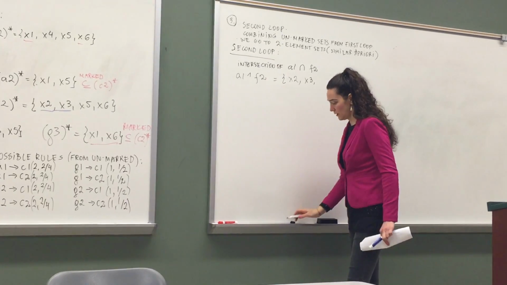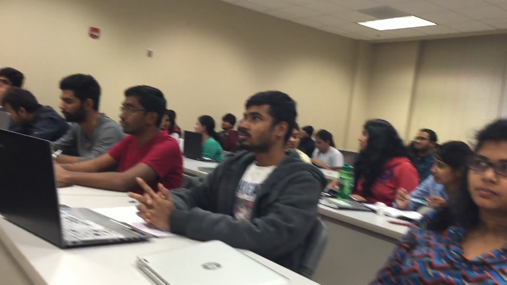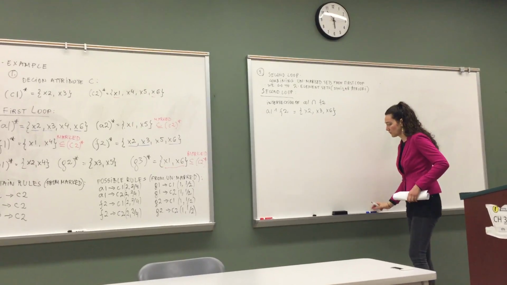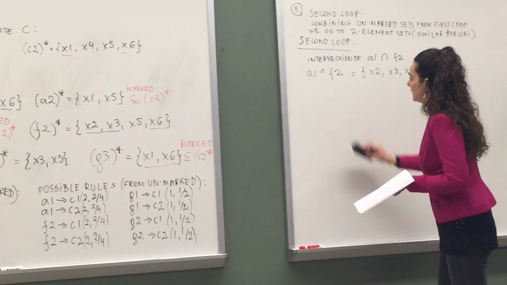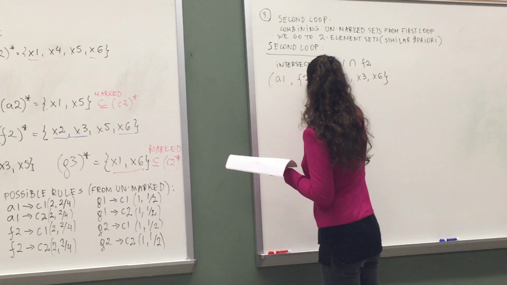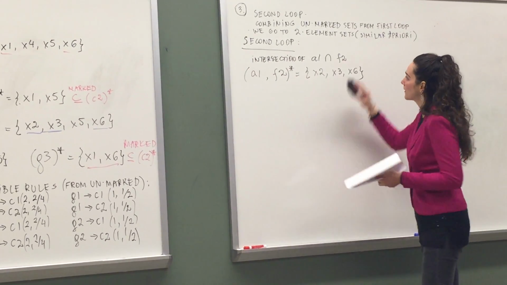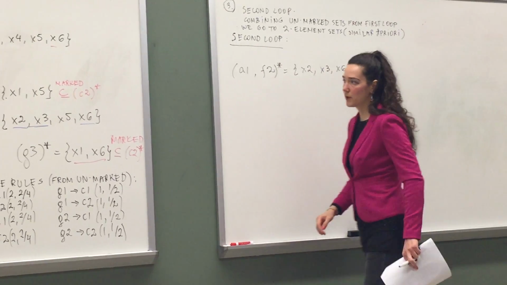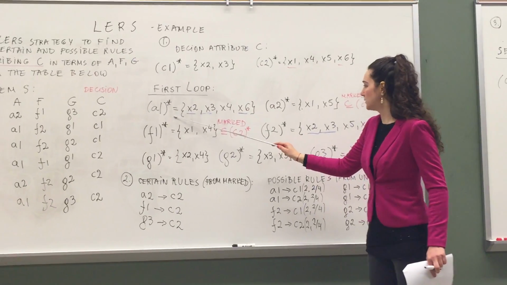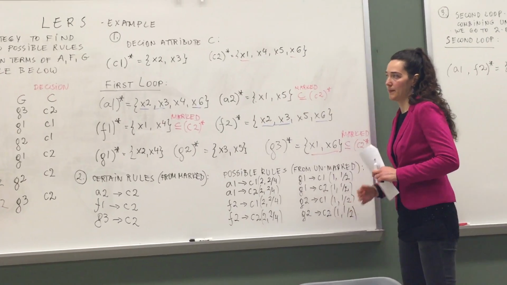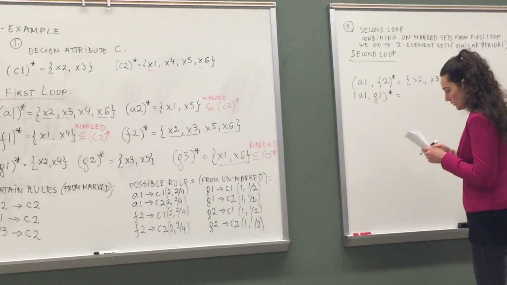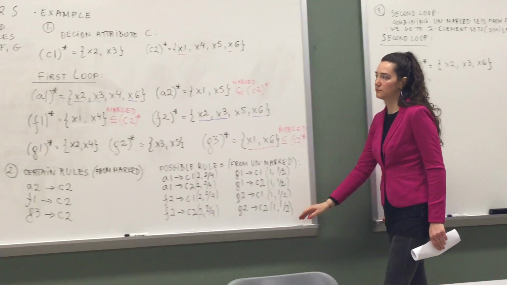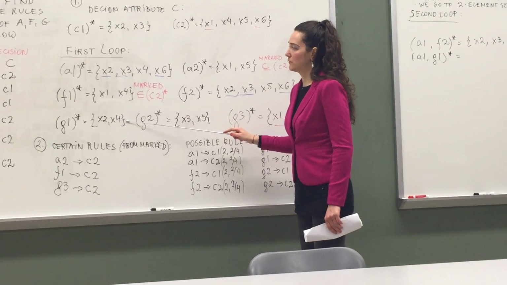And what else? Next, the intersection of A1 and G1? X2 is in both of them, and X4 is in both of them.